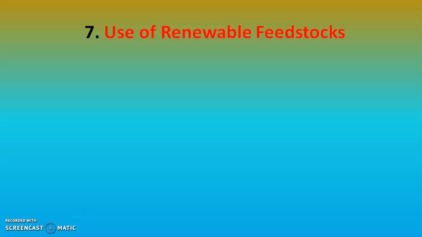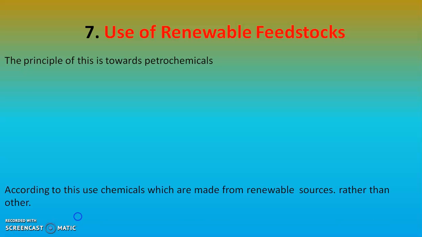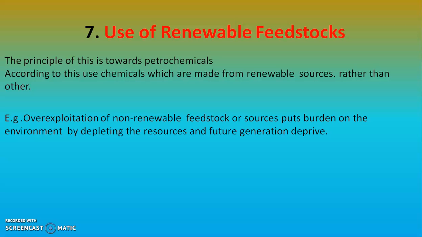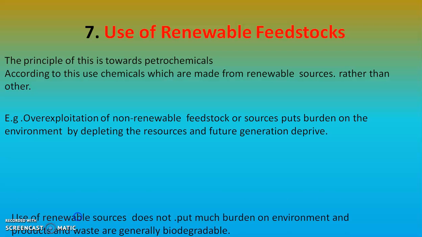In the use of renewable feedstocks principle, the focus is moving away from petrochemicals. According to this, use chemicals made from renewable sources rather than others. For example, over-exploitation of non-renewable feedstocks puts a burden on the environment by depleting resources and depriving future generations.